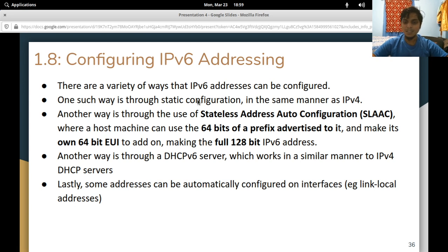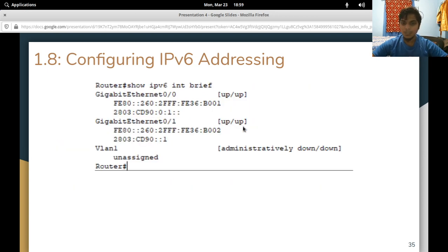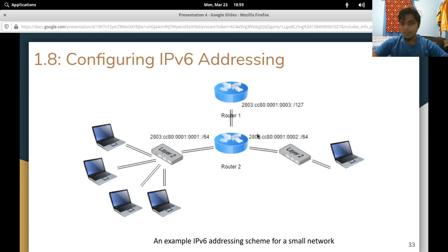So this is how we configure IPv6 addresses. You can do it statically. You can use this special thing called SLAAC, which is a new thing in IPv6. Basically, what SLAAC does is that the router advertises the prefix of the network. So in this case, the router would advertise out this prefix and say, look, your network prefix is this thing here, and that's your first 64 bits.